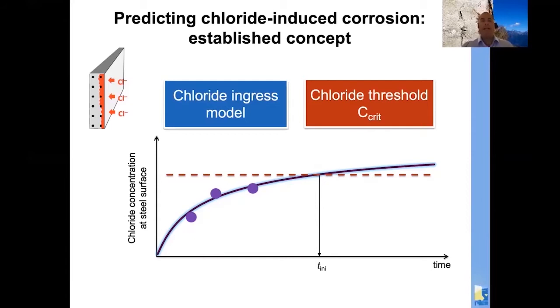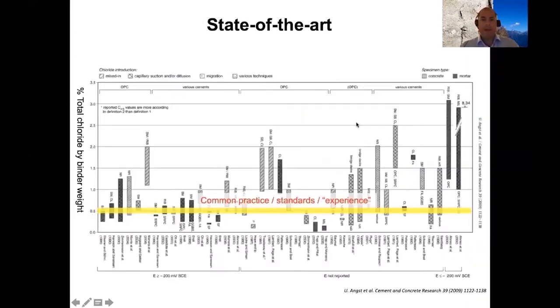I would like to highlight that this is the only concept that exists and that all models are based on exactly this concept. However, if we take a closer look at the chloride threshold value here, which can be seen here from a literature review done a couple of years ago, you can see that this chloride threshold value scatters over a huge range of numbers.